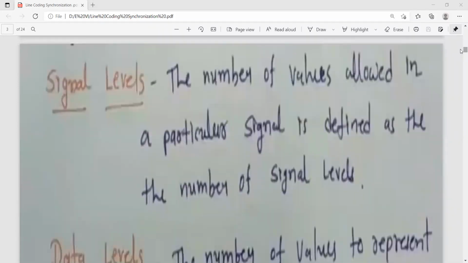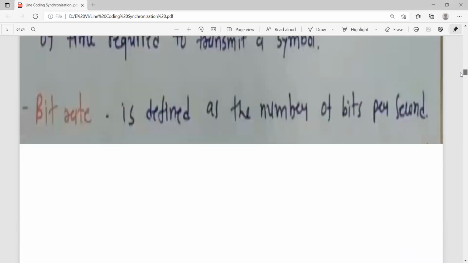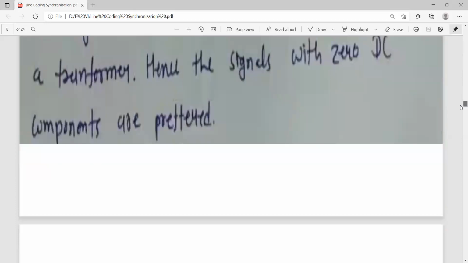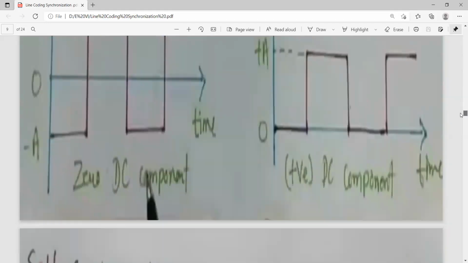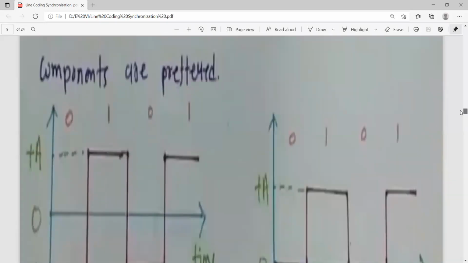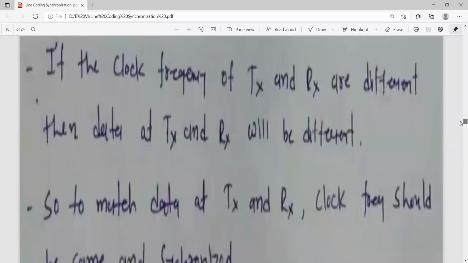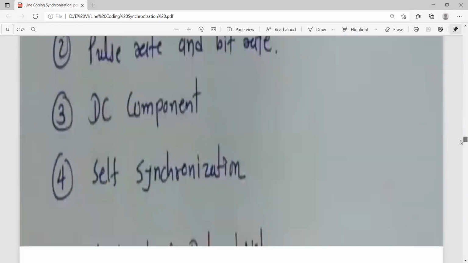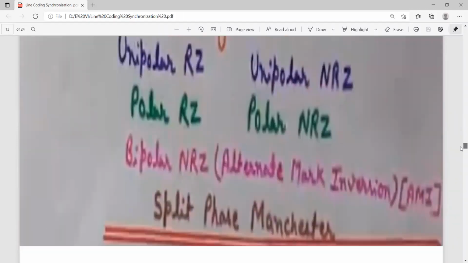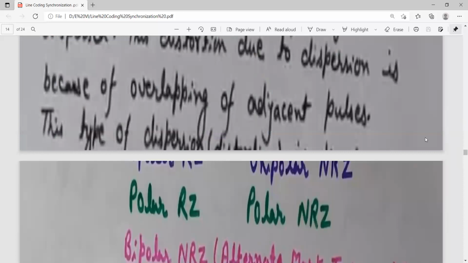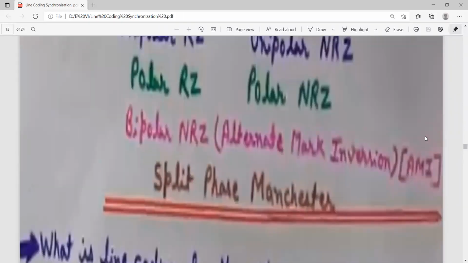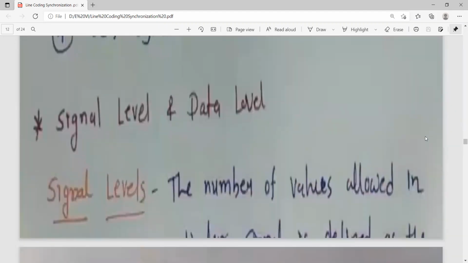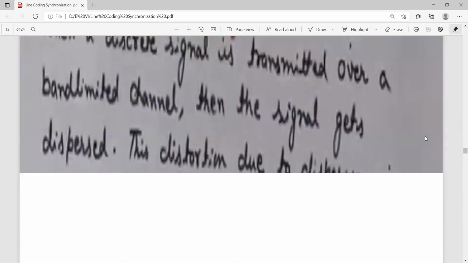The format in which we communicate the digital data was covered in the second lecture, that is the signal levels.